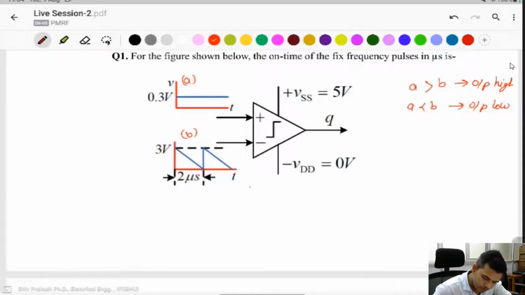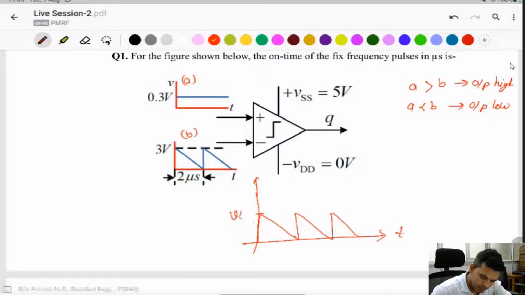Draw the signals in one waveform. This one is VB, this one is VA.